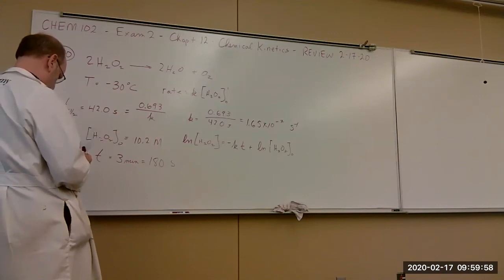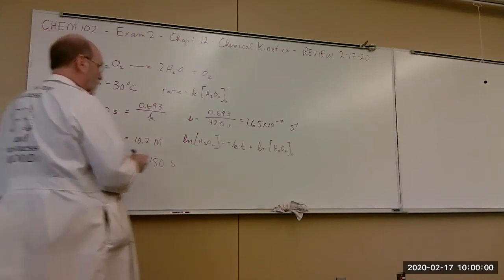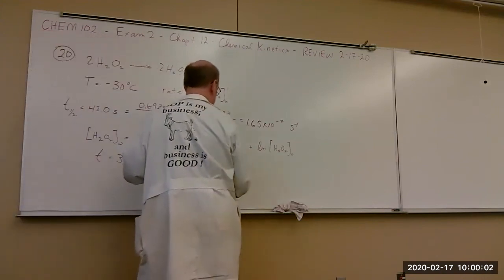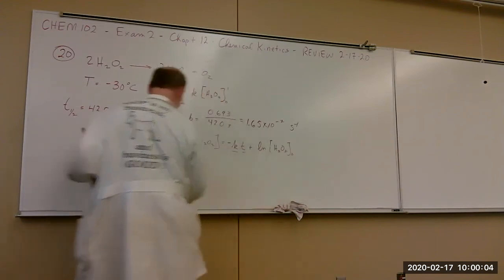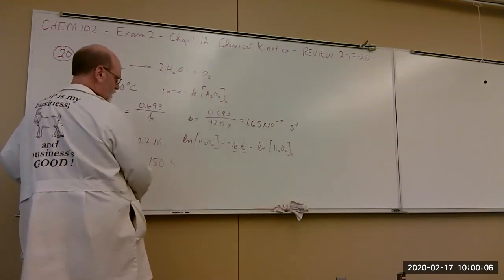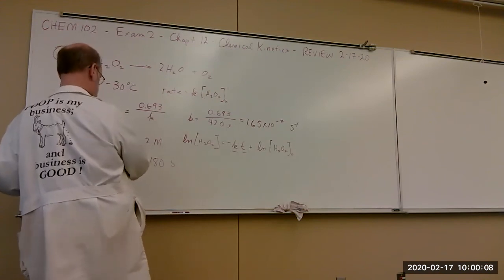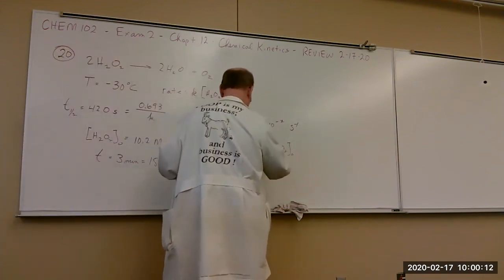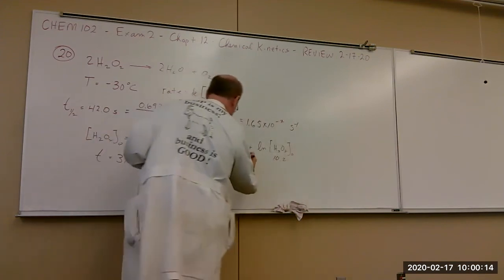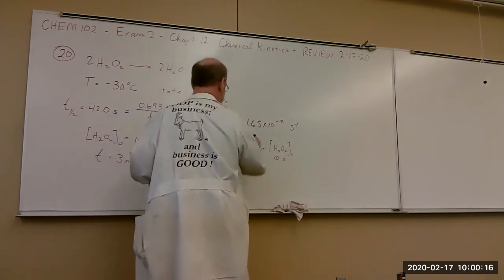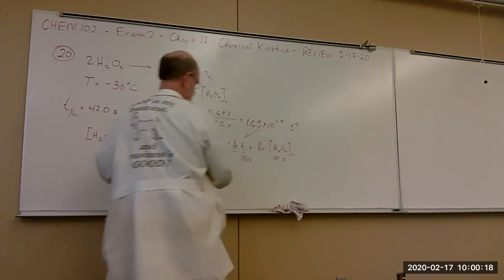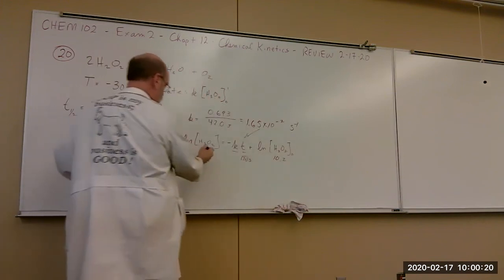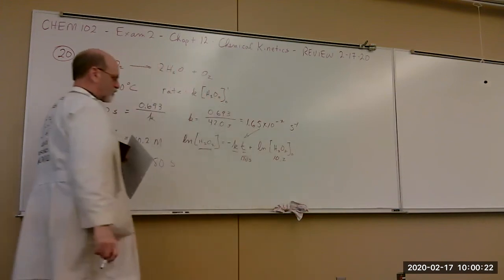Okay. So we've got the k right here. We got the amount of time elapsed, 180 seconds. We got the initial concentration, which is 10.2. Okay, 10.2 there, 180 seconds. We got the k. Right? So we can solve for the actual concentration.